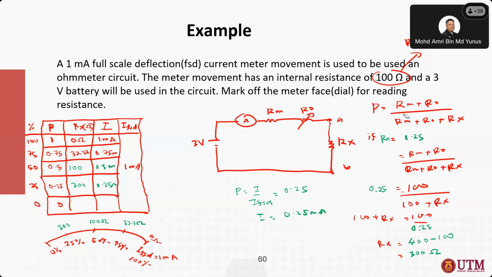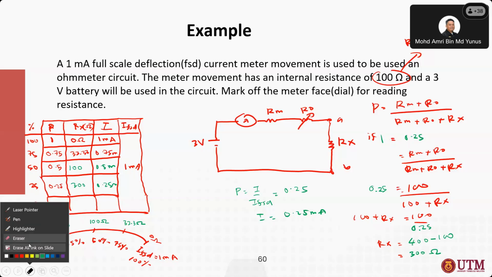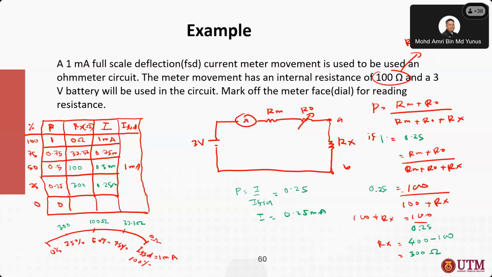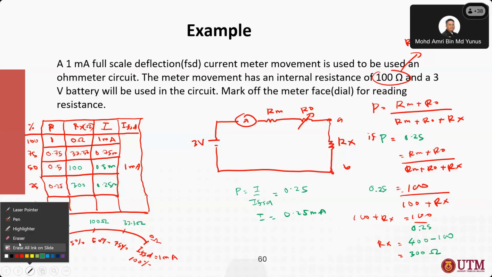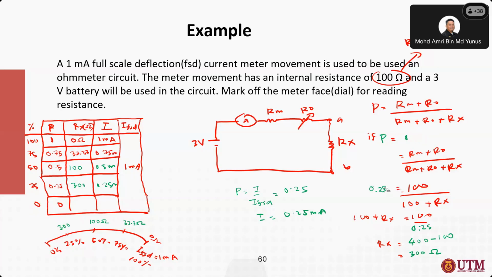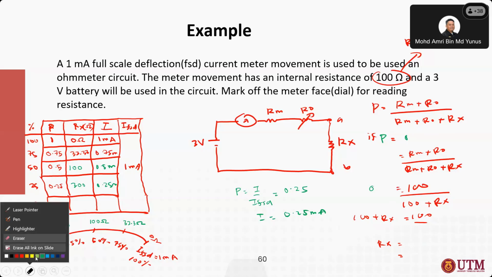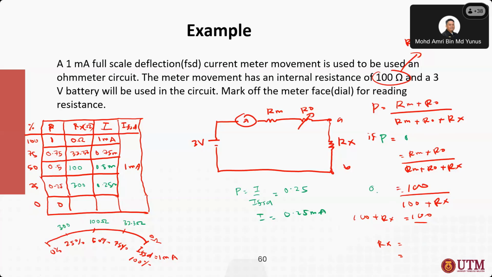Okay. Lastly, if P is 0, we have here 0 equivalent to 100 over 100 plus Rx.